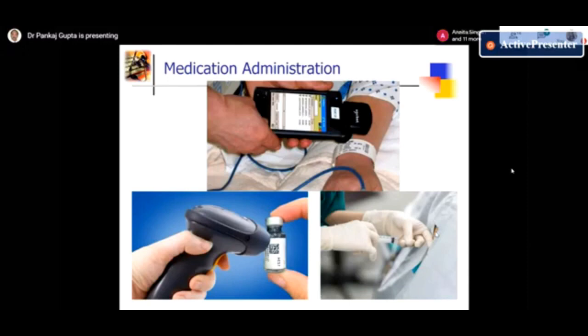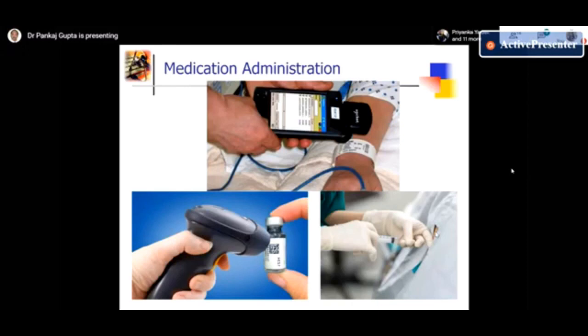And before the medicine is administered, again, there's a scanning of the packet or the vial or the sachet or the strip or the bottle, whatever may be the case, that has to be scanned again. And only then the nurse should do the administration of the drug.